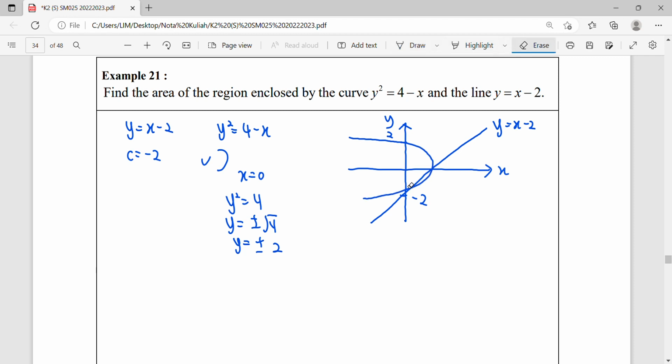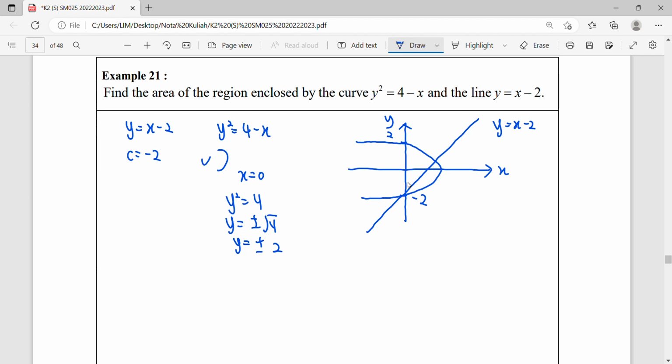So you have to draw it symmetrically. So we draw it symmetrically here. Then we draw our graph, draw back our line going up. Then you will see it more clearly.